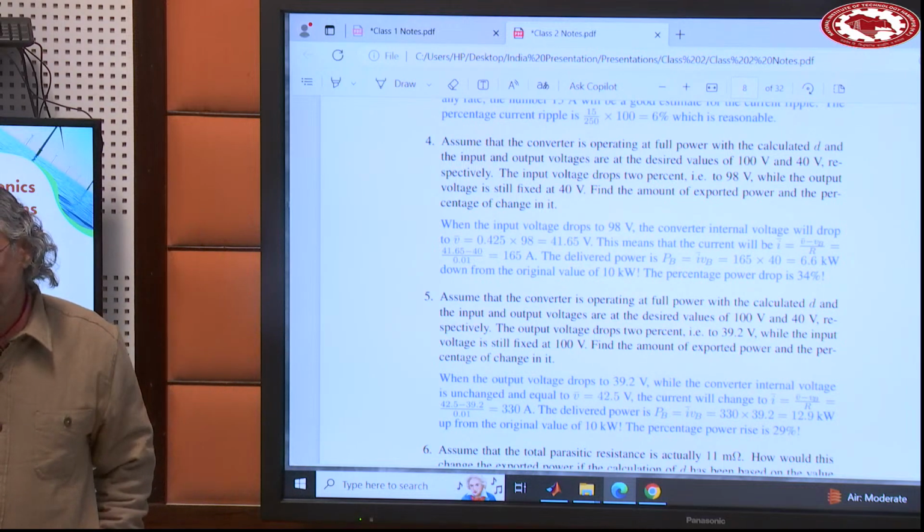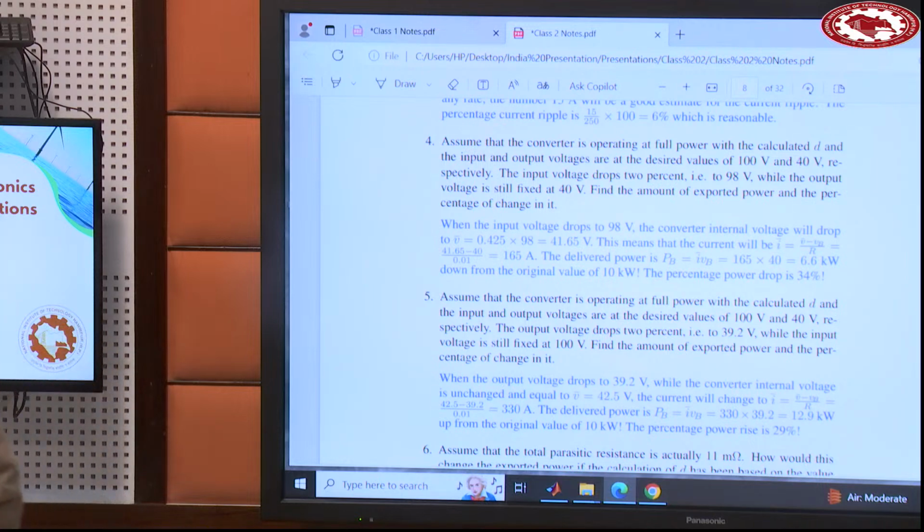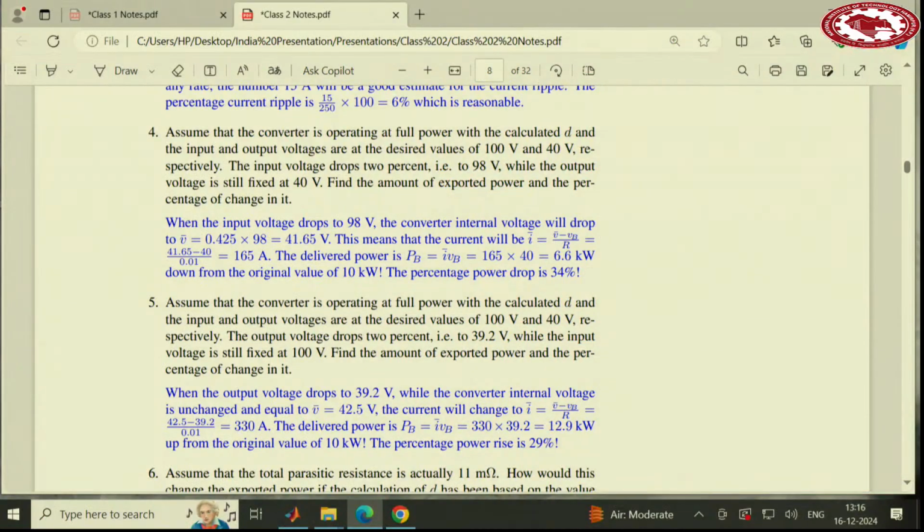How much did we expect? 250. Now we get 165, just because your input voltage changed 2 volts, 2%. A very tiny amount, but you lost 40% of your current.